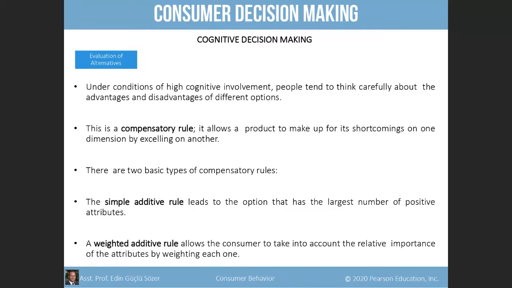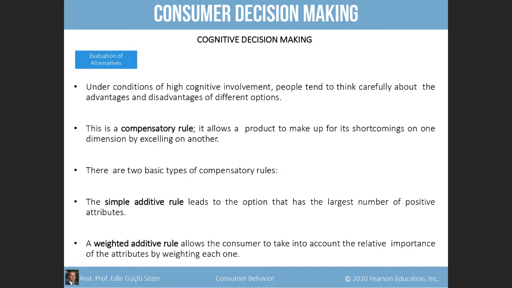And generally, in how we evaluate and compare products in order to decide which one to buy, we follow two types of rules. One is the additive rule, and the second one is the weighted additive rule. The simple additive rule is when we choose the one with the largest number of positive attributes.